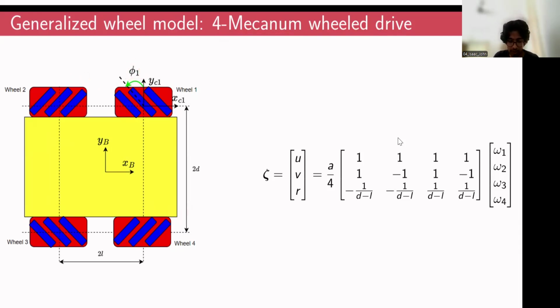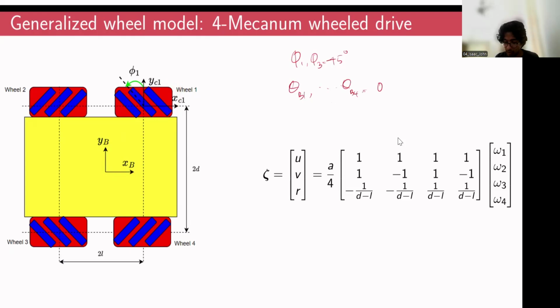So for wheels 1 and 3, phi 1 and phi 3 are 45 degrees. And theta B1 all the way to theta B4 are zeros, because these wheels do not have any orientation coordinates with respect to XBi and YBi.